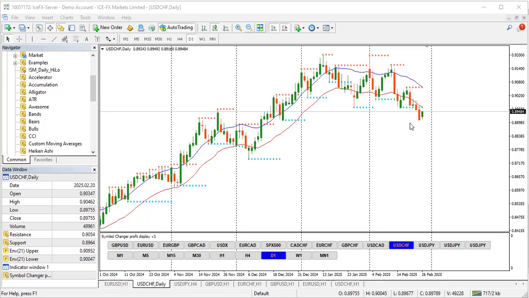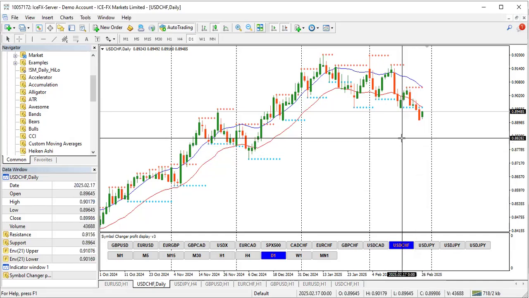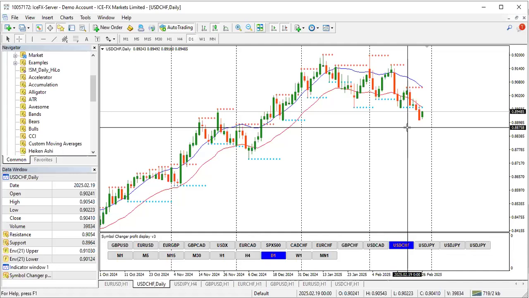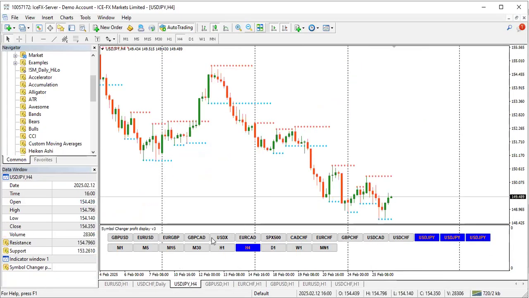So we are looking at the trades starting from around the 17th to the 19th or thereabout.